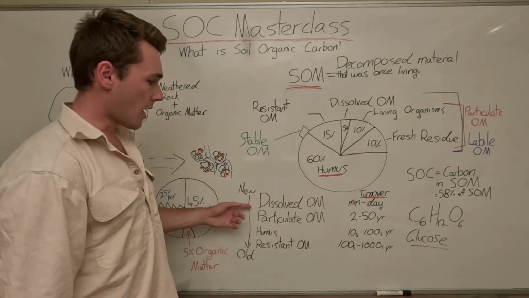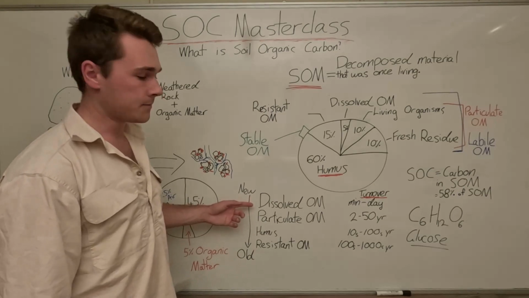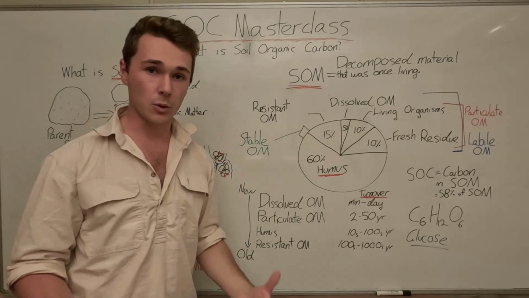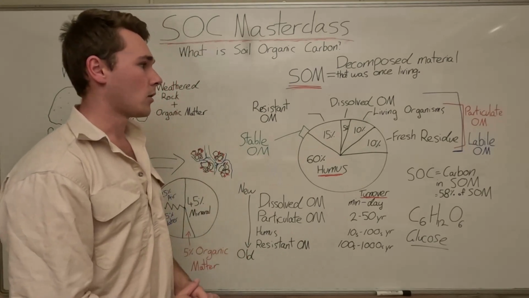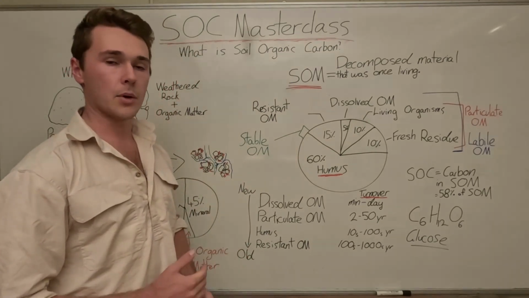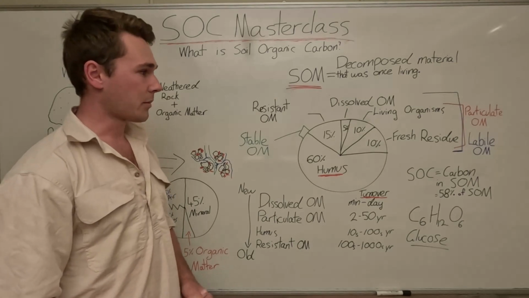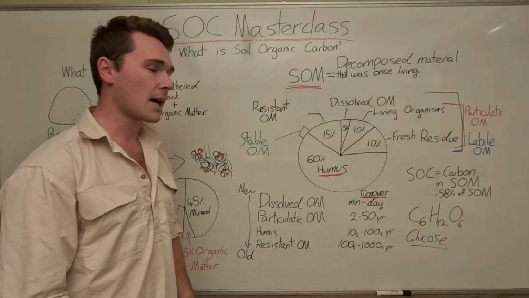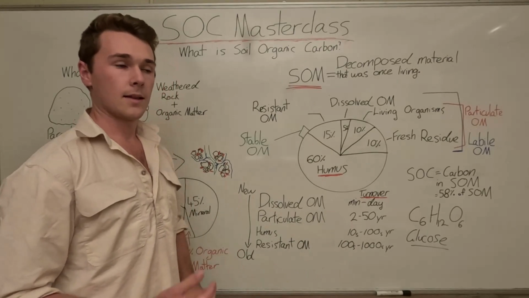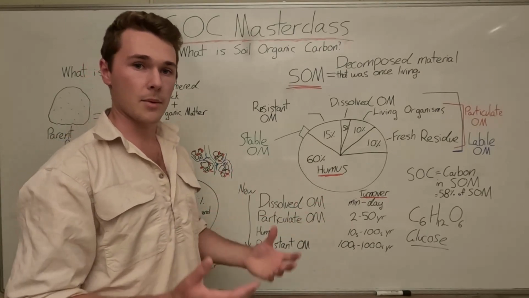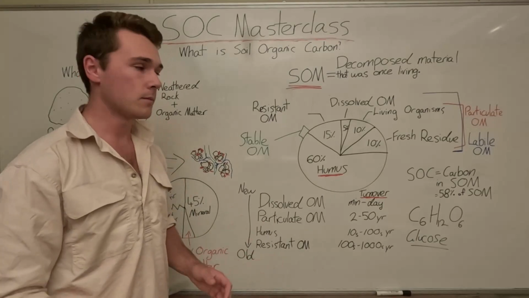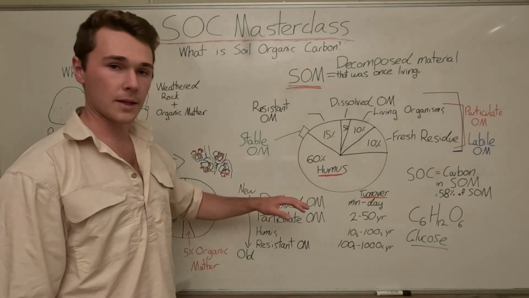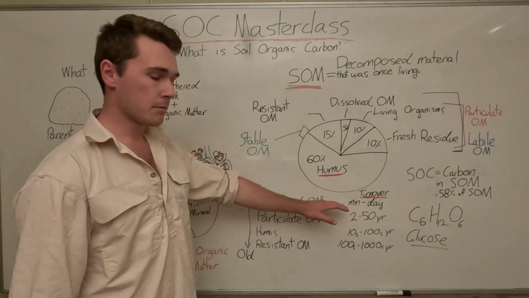When we don't have dissolved organic matter, our living organisms won't have food to survive on, or at least our symbiotic microbes won't. Our saprophytes will, because they'll be eating our fresh residue. But things like mycorrhizal fungi that form symbiotic relationships with our plants won't have food. So it's very important to ensure that our dissolved organic matter is getting replaced. Anyways, turnover, minutes to days.